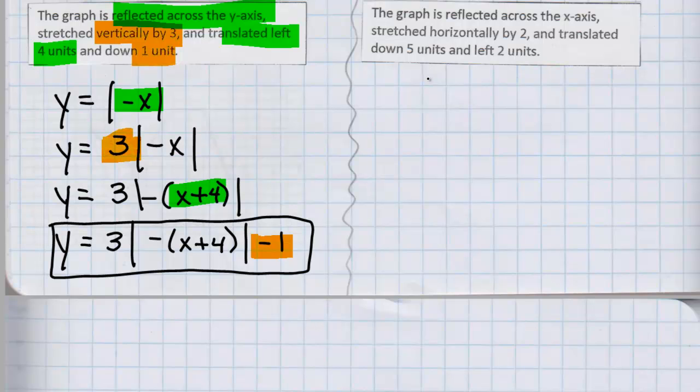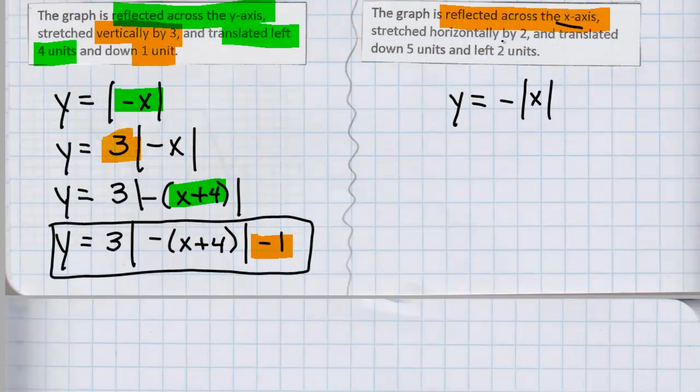The graph is reflected across the x-axis, stretched horizontally by 2, and translated down 5 units and left 2 units. Reflected across the x-axis will give us vertical movement. So this is with the y. So we write this y equals negative times the absolute value of x.